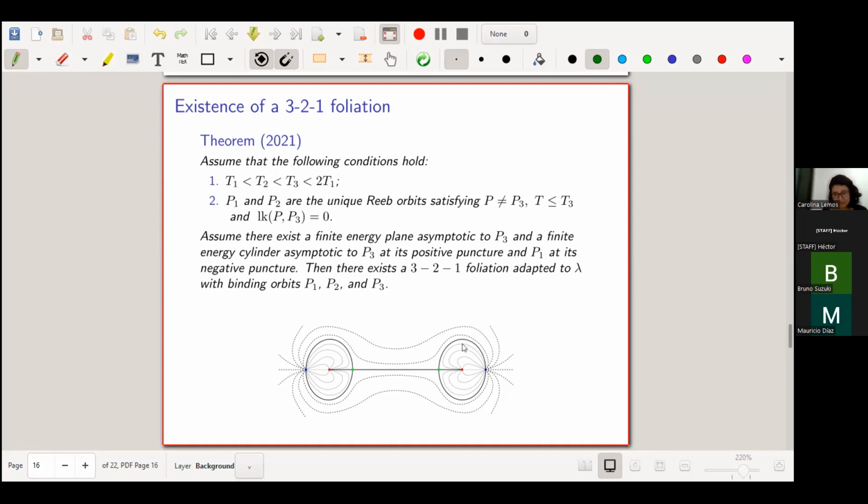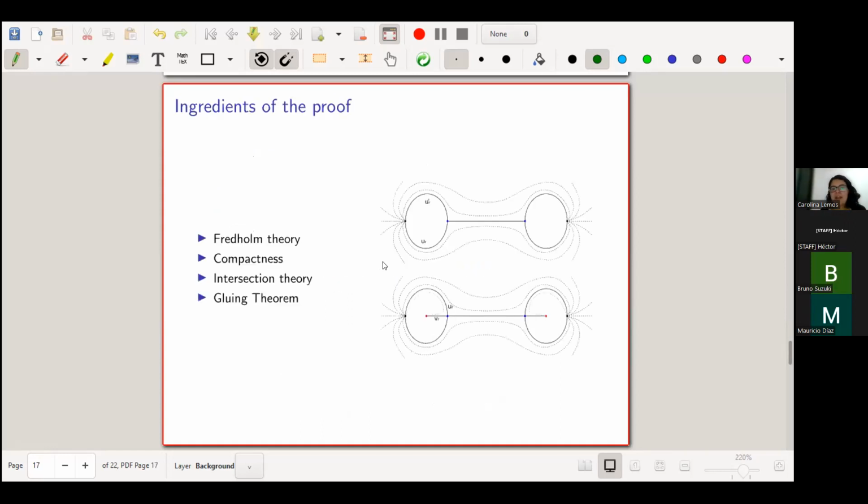And basically, the proofs of these two theorems involve the same tools from the theory of pseudo-holomorphic curves in symplectizations. I cannot explain all the proof, but basically I can talk a little about the ingredients. We have a very rich theory for these finite energy pseudo-holomorphic curves.